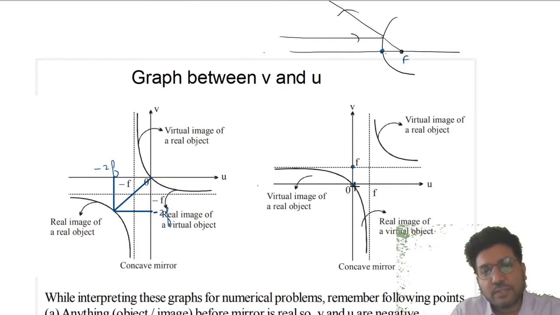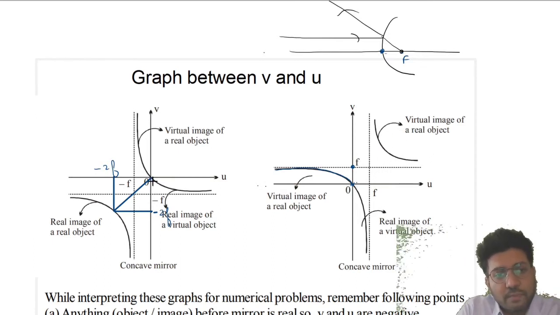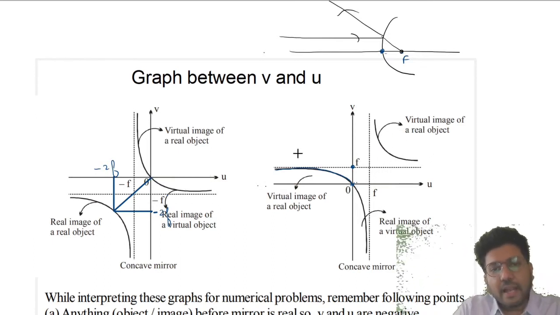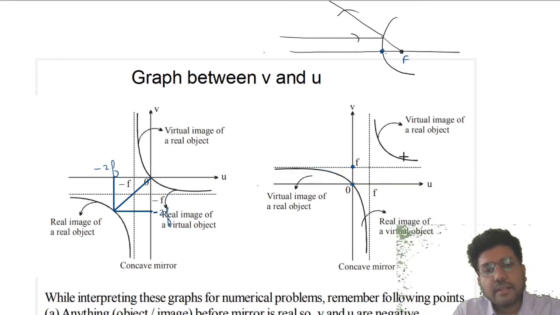Why? Because it is virtual. So this is the graph for a real object. You can clearly see that for a virtual object of a concave mirror and a real object of a convex mirror, the graph is similar, right?